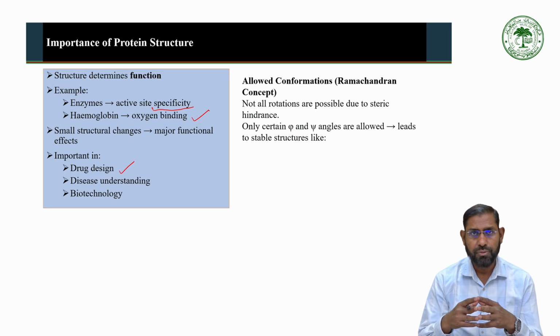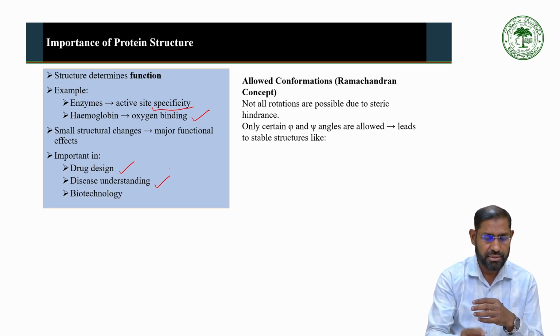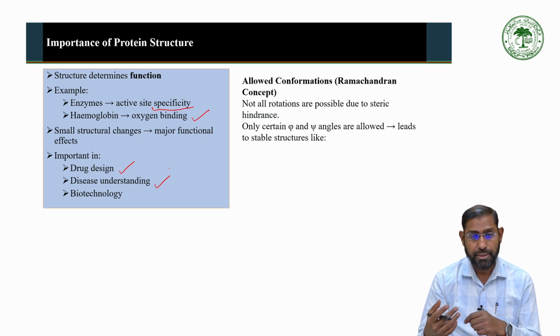Then also we need to understand the structure, because we need to understand the different diseases. Many diseases have misfolded proteins and abnormal proteins because of conformational changes. That's why we need to know the structure of the protein.